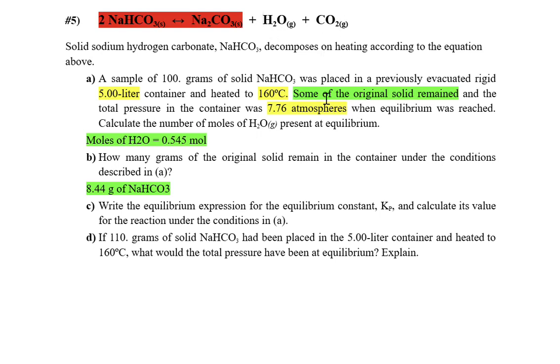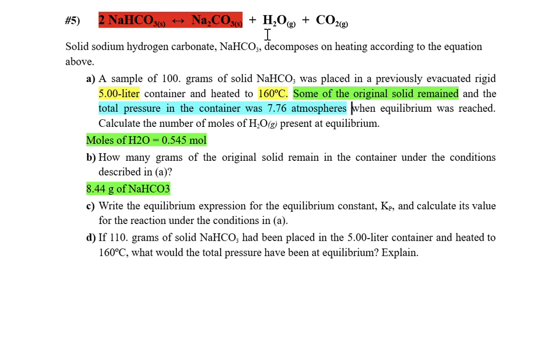So the total pressure, it says the total pressure in the container, which I'm going to highlight this entire thing in a nice blue color. So it says that the total pressure in the container was 7.76 atm. That means that the pressure of H2O and the pressure of CO2 added up together are 7.76. Great.